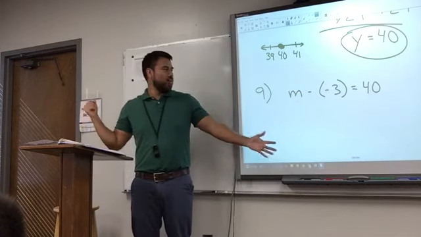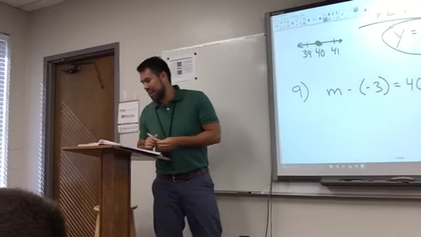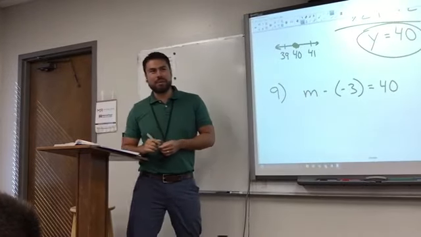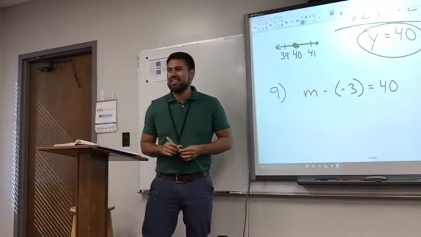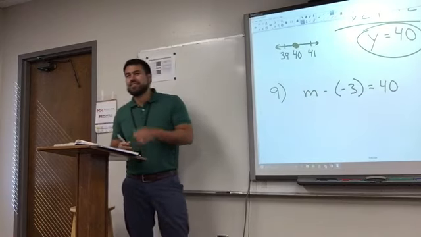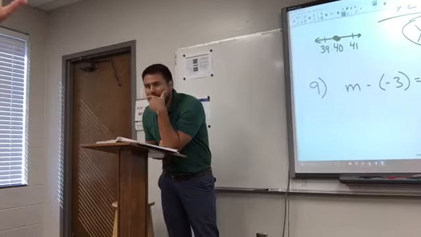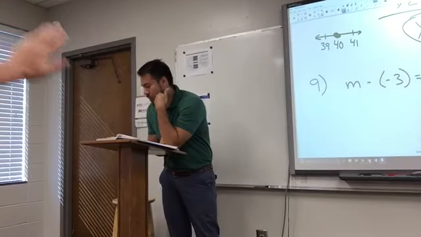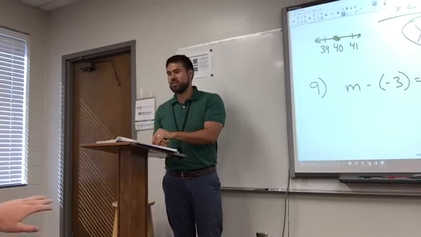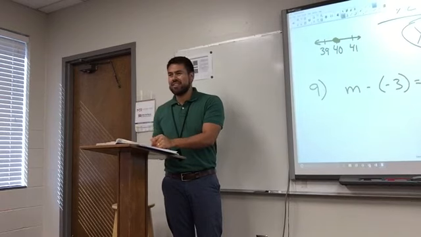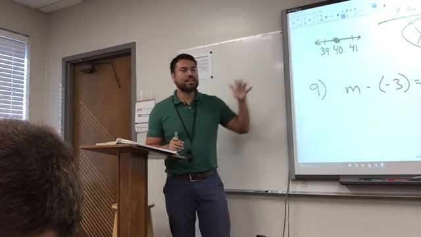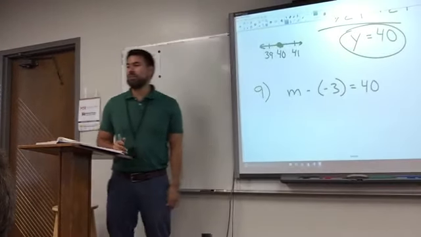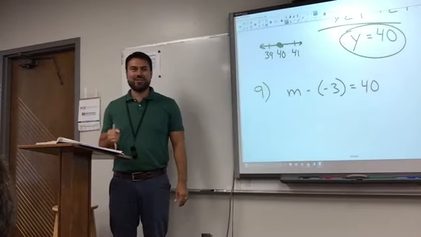Okay, what's your answer for number 9? Somebody. Emma Grace. 43. Very close. This is a tough one. It's hard because of how it's stated, but you can make it clearer.